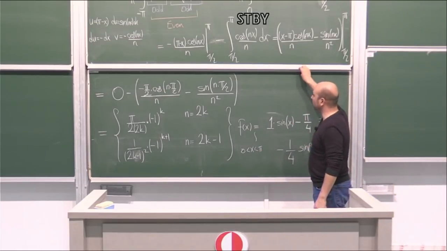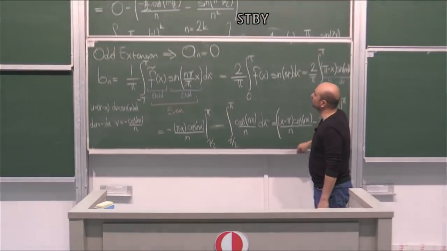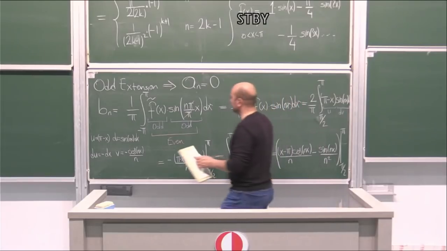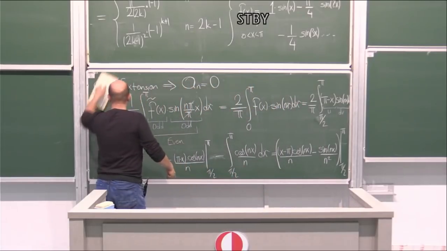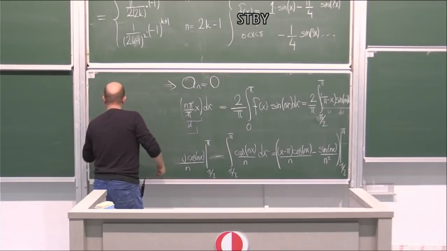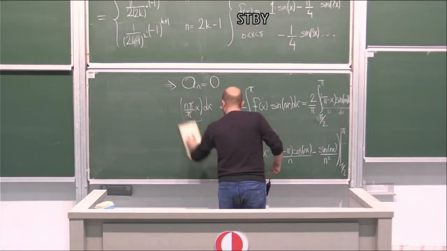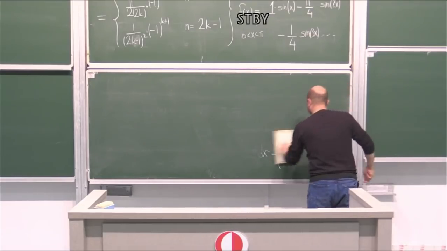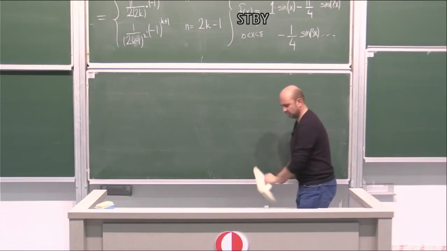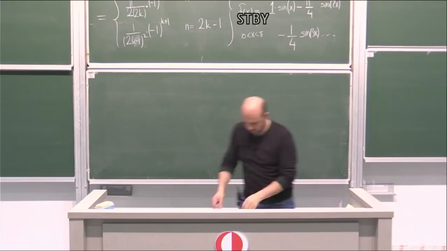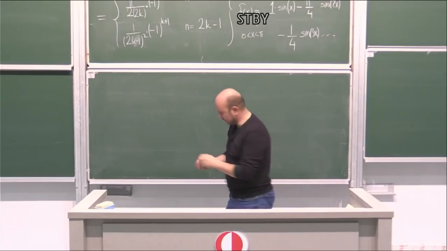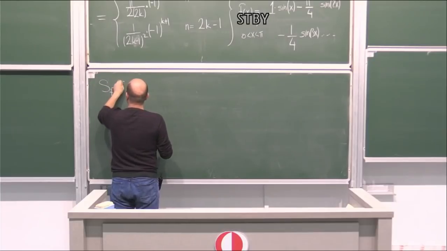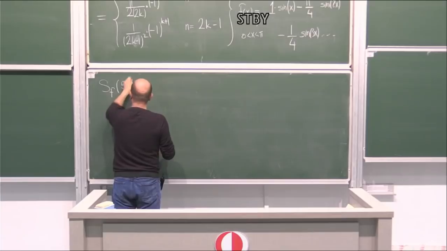Now let's go back to the question. So we were also asked to compute certain values. So what were those? Let me check. So SF of 5 pi over 2.